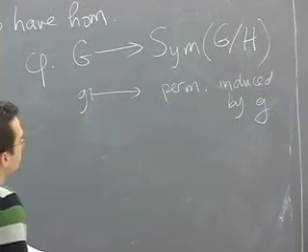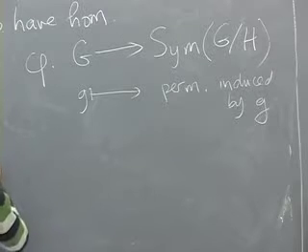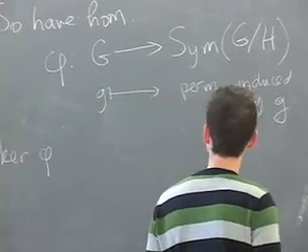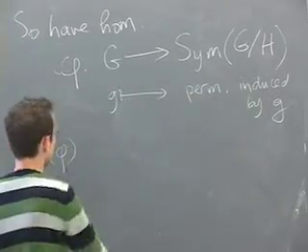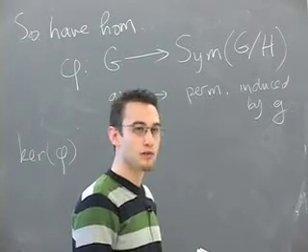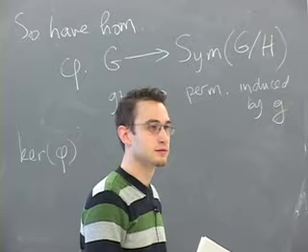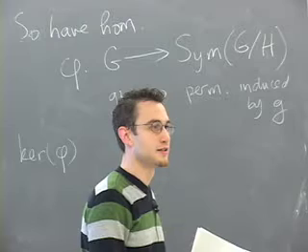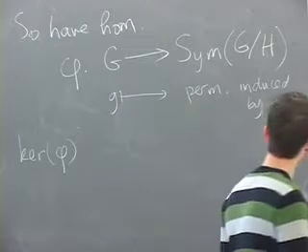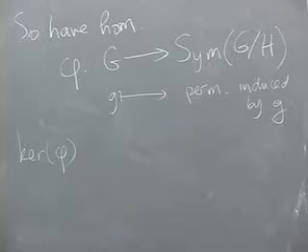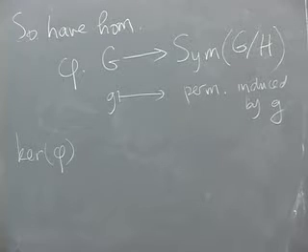Now, let's talk a bit about the kernel. Can the kernel possibly be all of G? Consider what's happening here. We have G acting on G mod H by left translation. Now, H is some proper subgroup, so H isn't all of G.